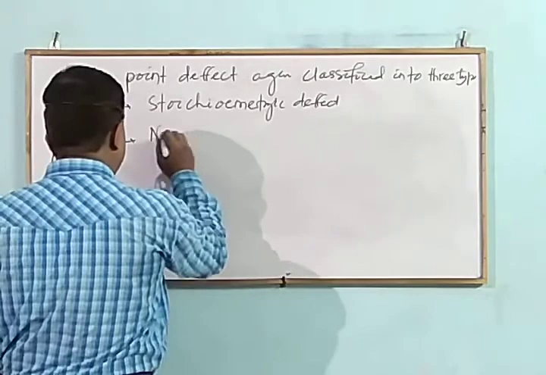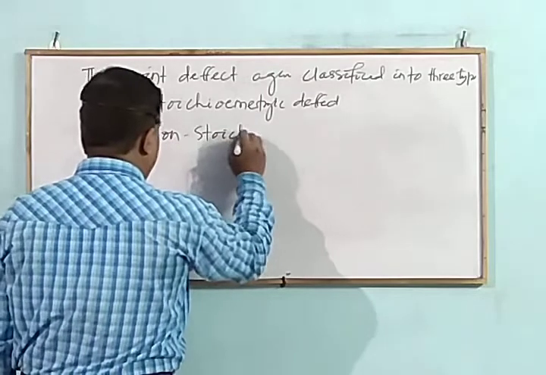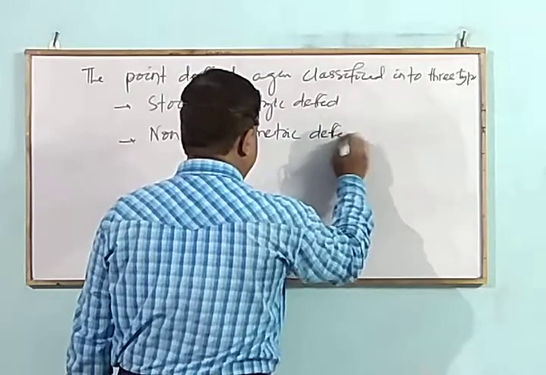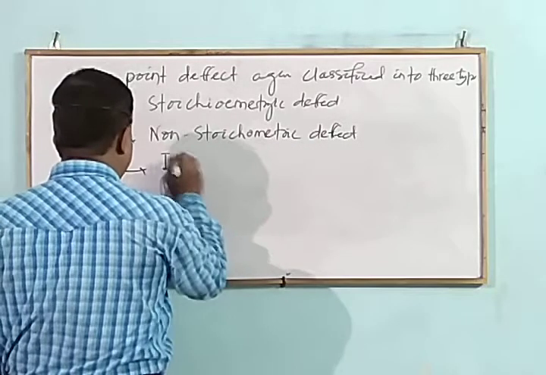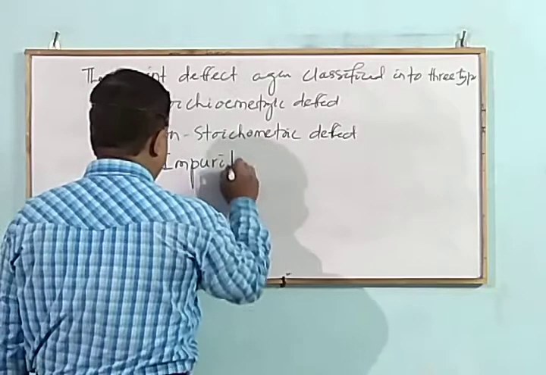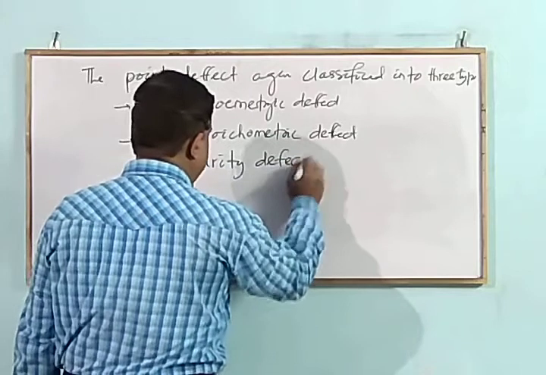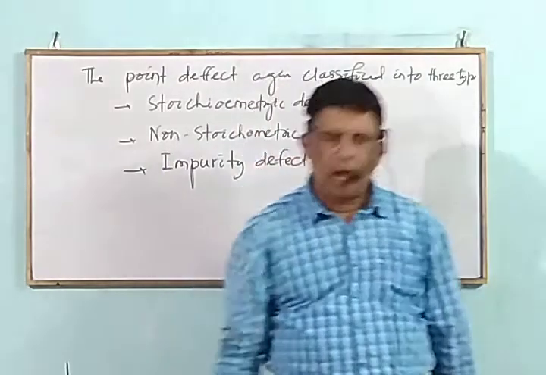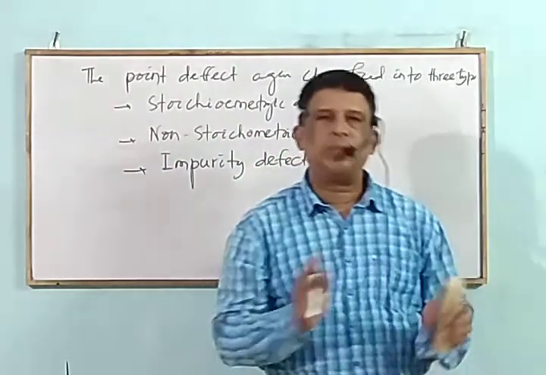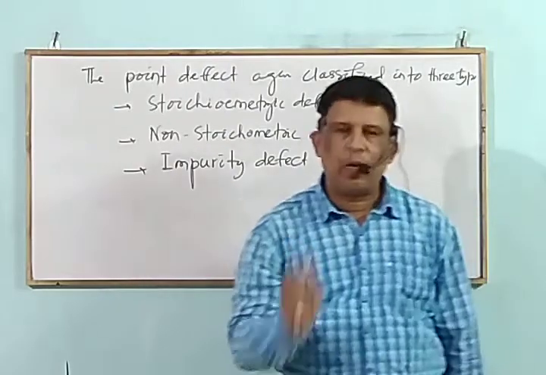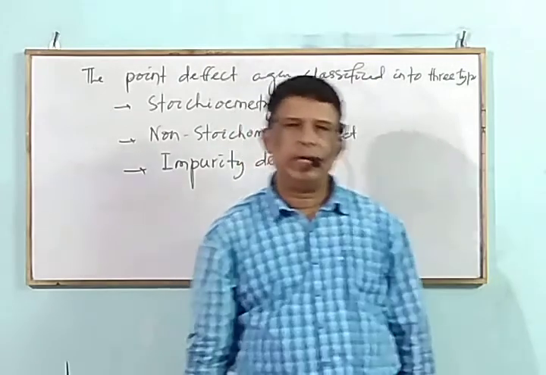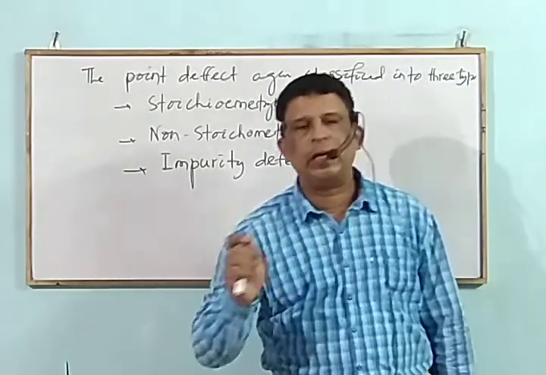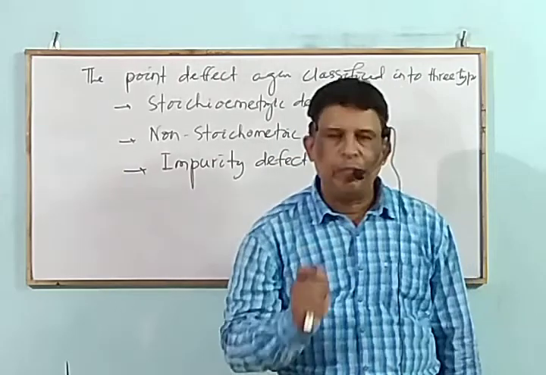Point 2, non-stoichiometric defect, and the third one is impurity defect. Mark that. This defect, when it is observed in case of deviation from the ideal arrangement around a point, is known as point defect. It is of three types: stoichiometric defect, non-stoichiometric defect, and impurity defect.